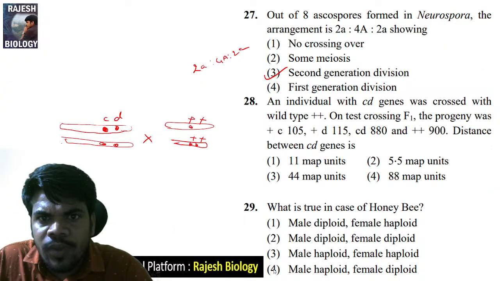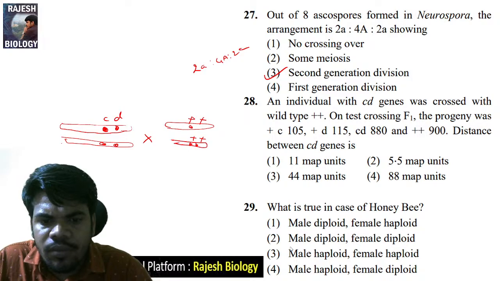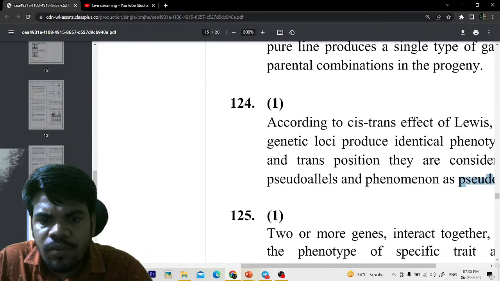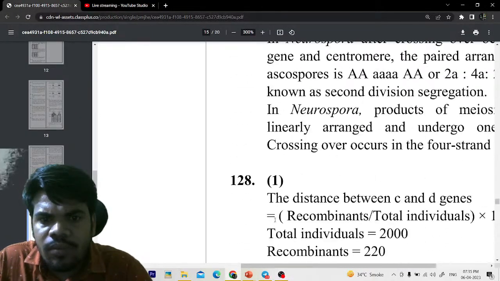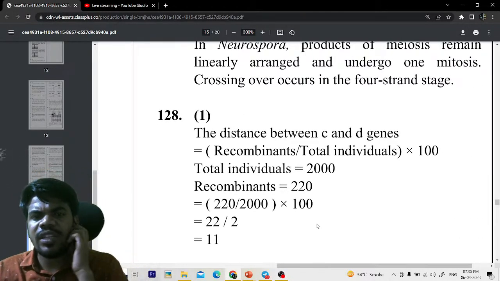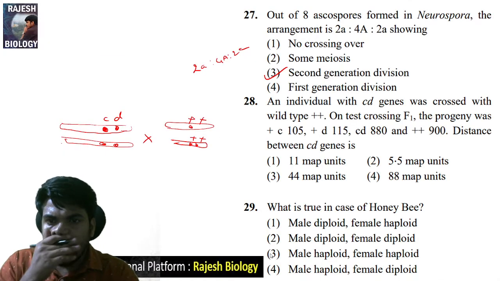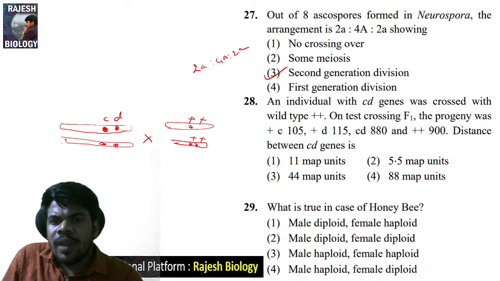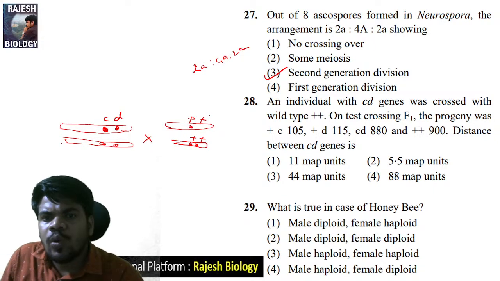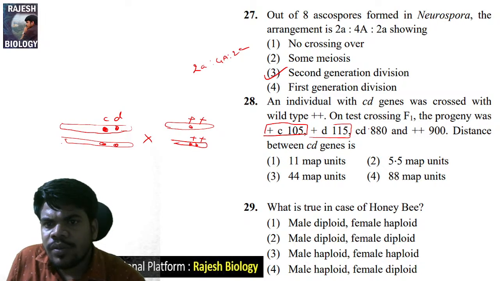Come to the 28th question. The distance between the CD genes is recombinants by total individuals into 100. How many are recombinants? It is recombinant. It is also recombinant.